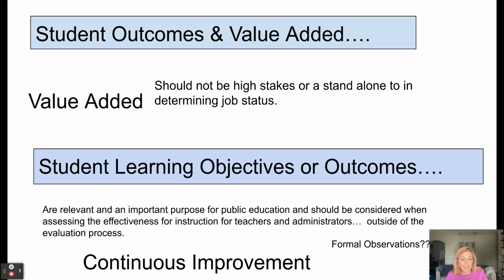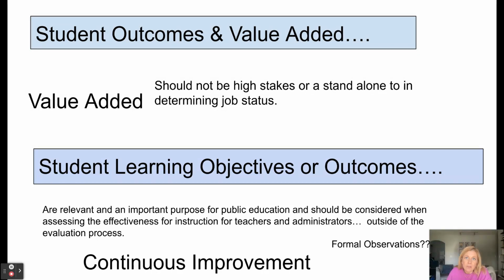How effective is that? I also think that the formal observation is another opportunity, on a smaller scale, for teachers and for evaluators to assess the effectiveness of instruction. In the pre-conference, a teacher identifies what the student learning target is for that lesson and also identifies a success criteria.